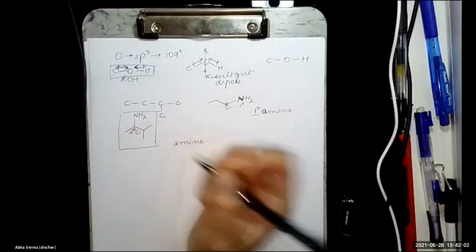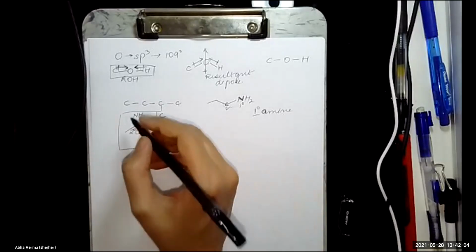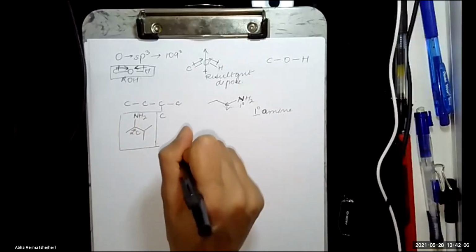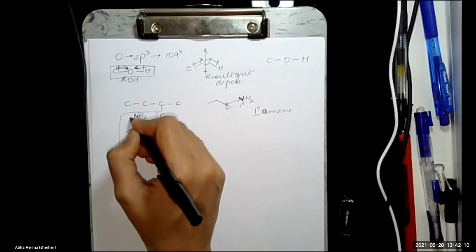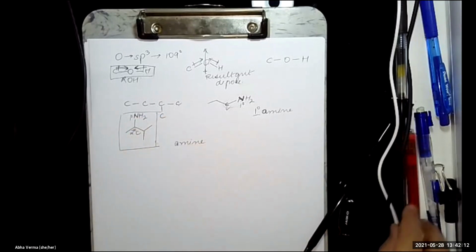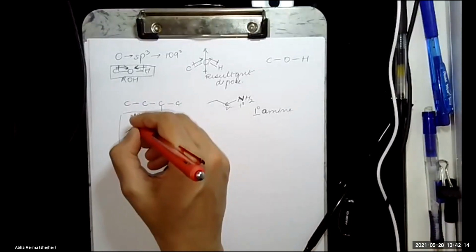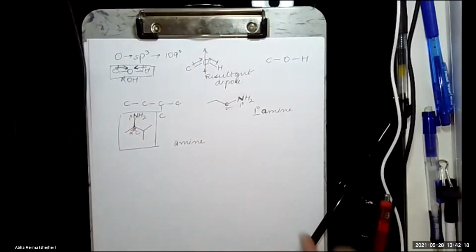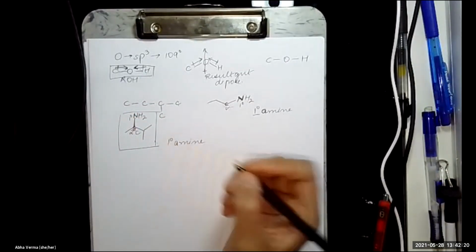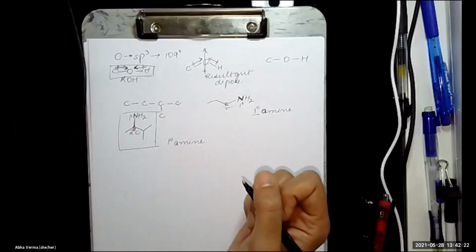Sorry, this is primary because it's attached to 1 carbon. Yes. So even though it is on a secondary carbon, the nitrogen, because of which we are labeling this as the amine, is still a primary amine. This nitrogen is attached to only 1 other carbon. And so this is still a primary amine.